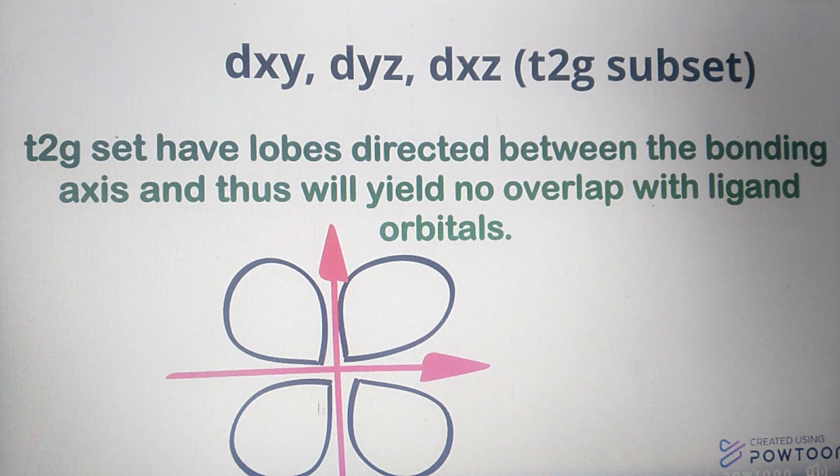This red line indicates the y-axis, this indicates the x-axis. The lobes of these orbitals are present between the axes. That's why these orbitals are called non-bonding orbitals, and they can't participate in sigma bonding.